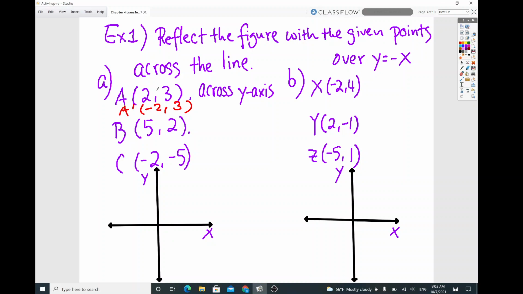B prime is going to be negative 5 comma 2. And C prime is going to be 2 comma negative 5. Basically we just plot those points and then simply connect them.